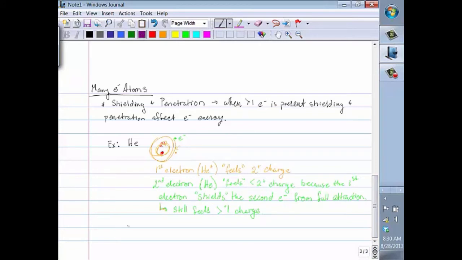So shielding is the reduction of true nuclear charge to something called the effective nuclear charge. And this is given by the equation Z effective is equal to Z minus sigma. And this sigma is a shielding constant.